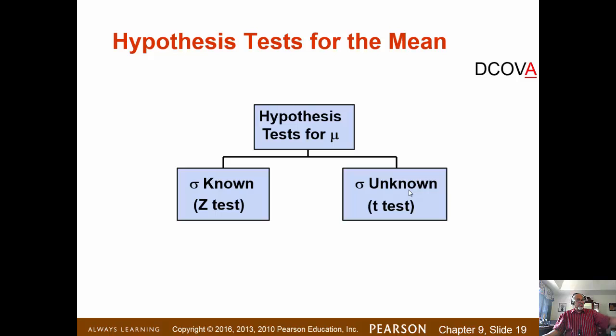And also the formula that we develop for sigma is known is what is then transformed into a formula when sigma is unknown. So you can think of this as the first step to then move to a more practical and more common case of sigma unknown, t test.